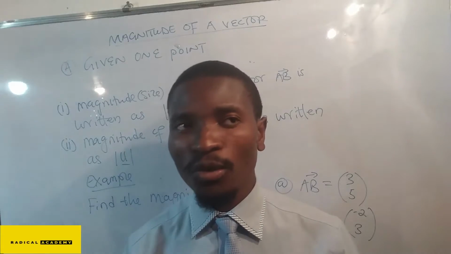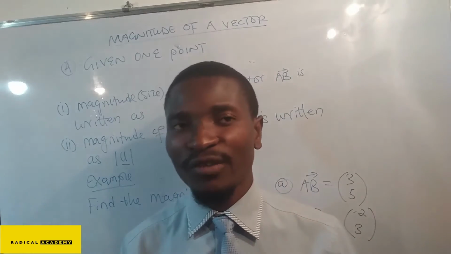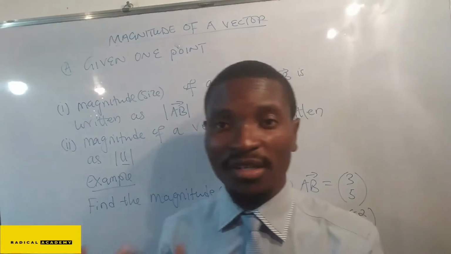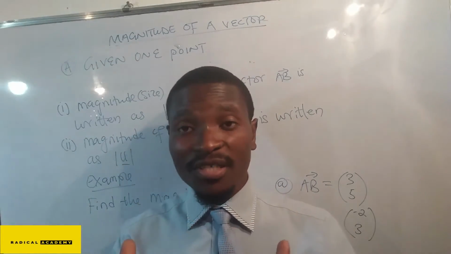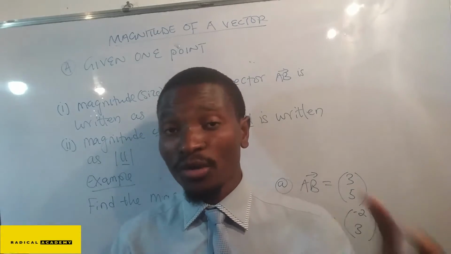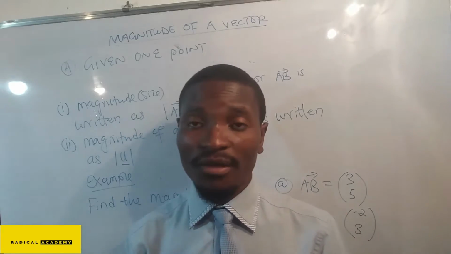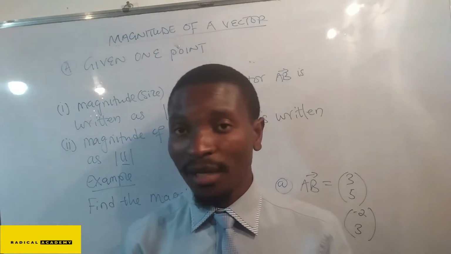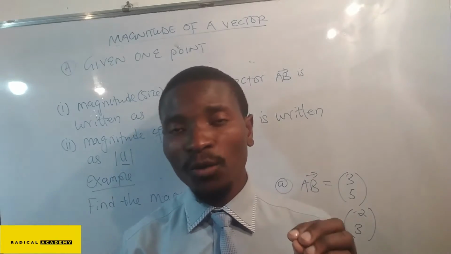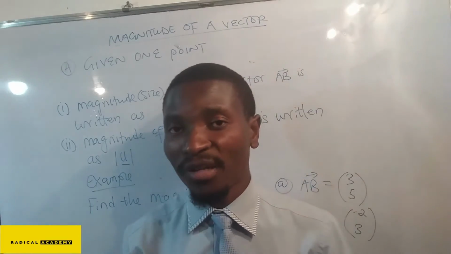We also saw that a vector can be represented using a small letter, and when you use a small letter, make sure you underline it because you're dealing with vectors. And last but not least, for the sake of the syllabus and what comes in your final exams in mathematics, we talked about how to represent a vector in component form.